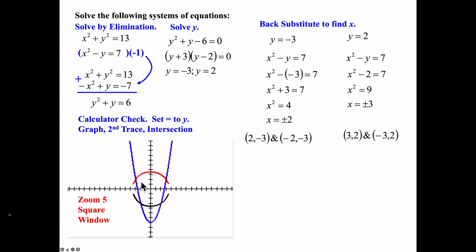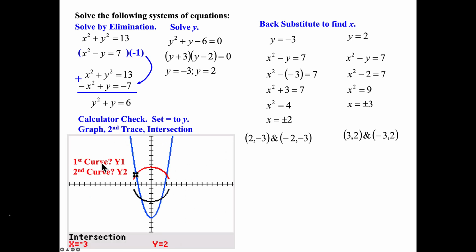All right, so looking at this window, let's go find the 4 intersections. And it looks like it's going to verify our 4 points. So again, second trace, intersection. Enter on y1. Move your cursor onto the red curve, closer to the intersection on the left. Hit enter and enter on the guess, and you get negative 3, 2.